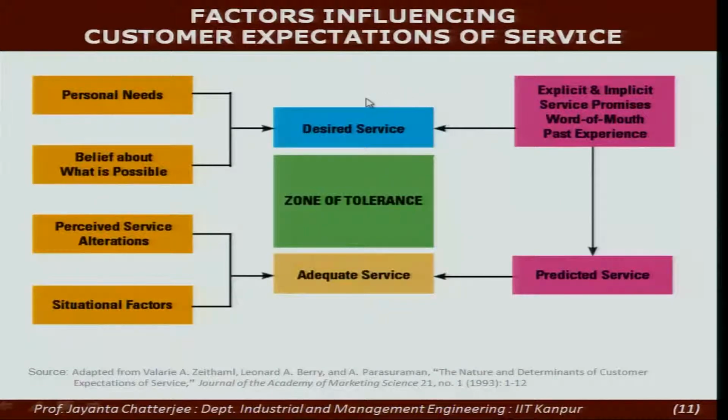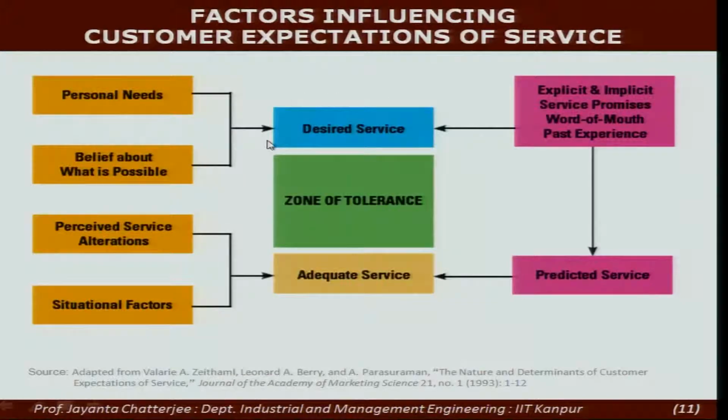But if you are in a different context, then based on word of mouth and reviewers' ratings, at a fine dining restaurant you may have this level of expectation. And of course there is a zone in between, which we call the zone of tolerance.